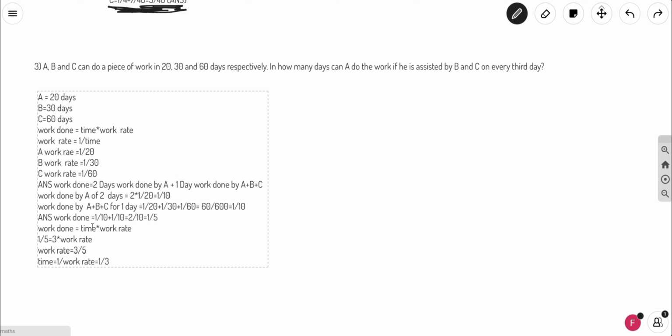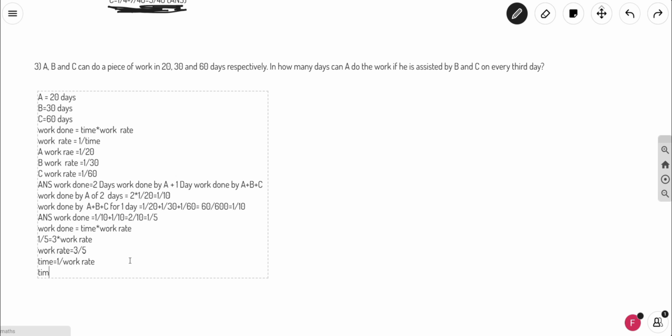And the time is equal to 1 upon work rate. We have to find the time, so time is equal to 1 upon work rate, and 5 will go to the other side.